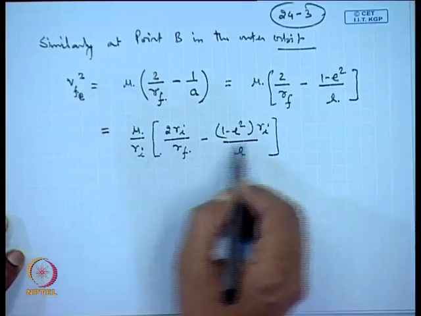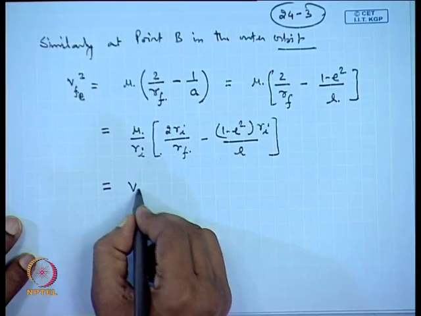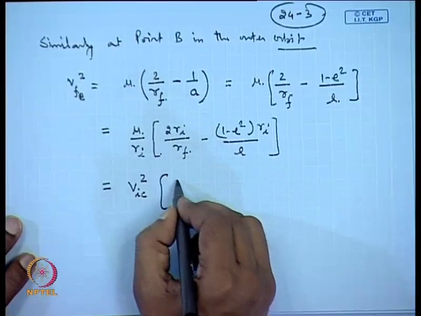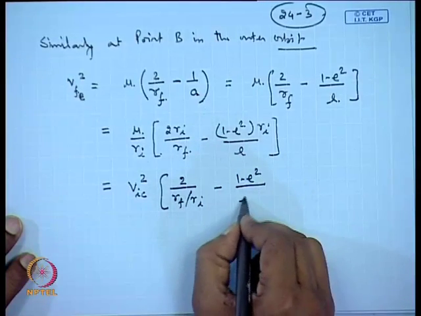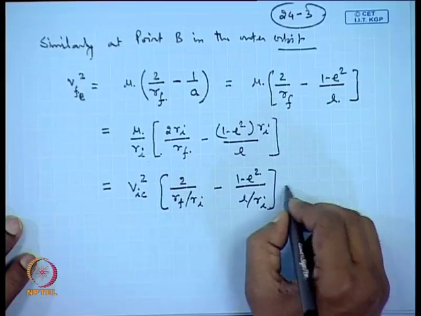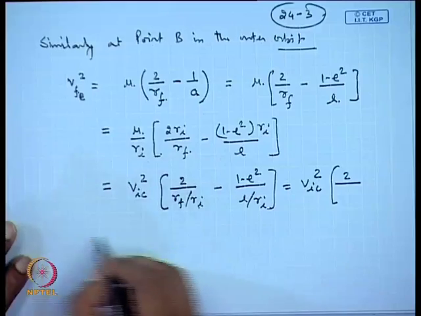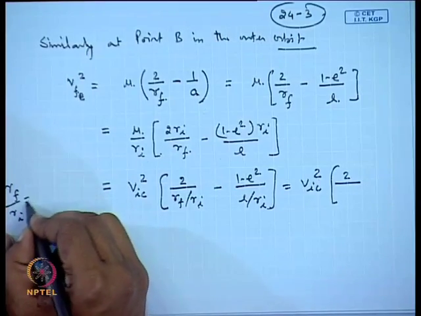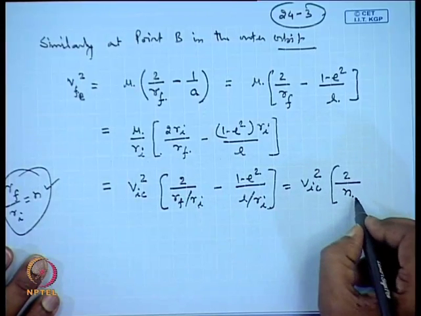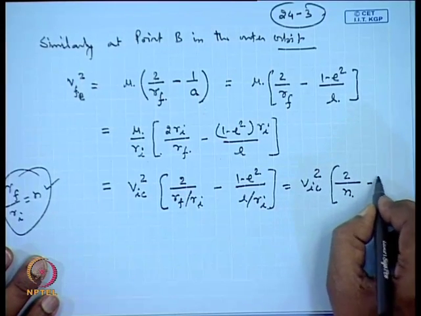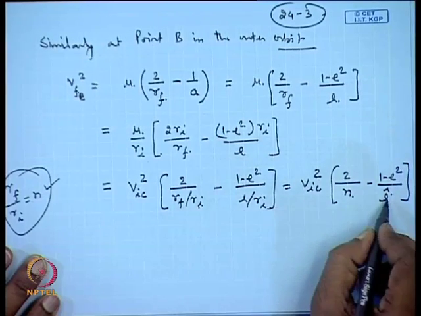Now, we have the known quantities here. So, mu by r_I is nothing but V_Ic squared, and this we can write as 2 r_F by r_I minus 1 minus e squared L by r_I. So, this is V_Ic squared times 2 by, r_F by r_I is nothing but n. From the beginning we have been assuming this quantity. So, this is 2 divided by n, and L by r_I is nothing but L cap.